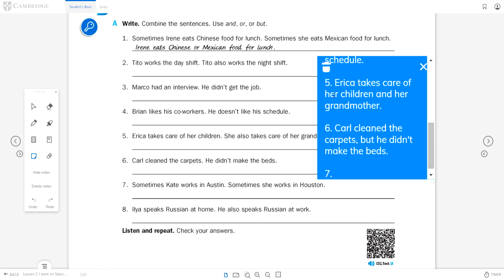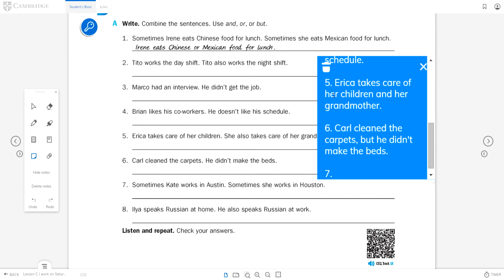Sometimes Kate works in Austin, sometimes she works in Houston. So see, you have the idea of giving not 100% one, not 100% the other. So it's kind of optional or kind of alternating, intercalating something. So how can we do this one?